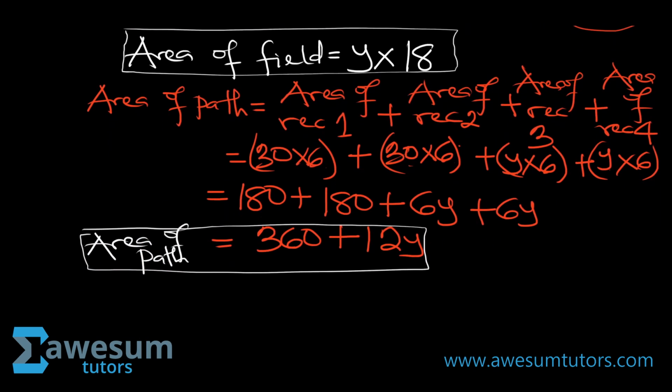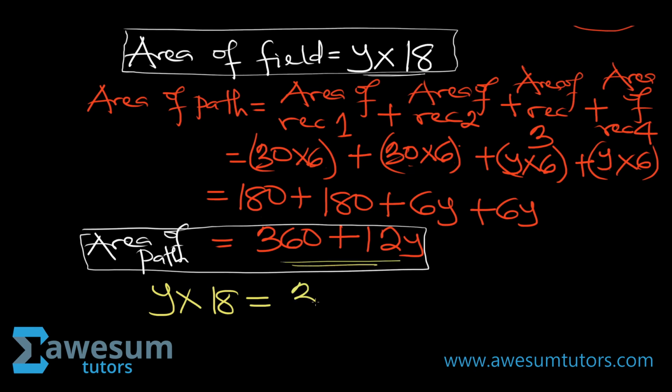So that is the condition we are going to be using right now to find y. What did we say was the area of the field? We said area of the field is y times 18. So I have y times 18. Remember, we said area of field equals area of path. What is the area of path?